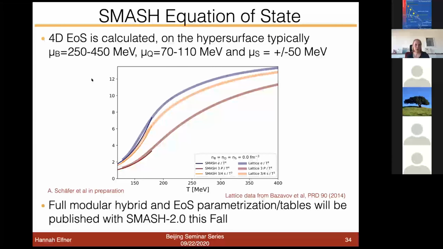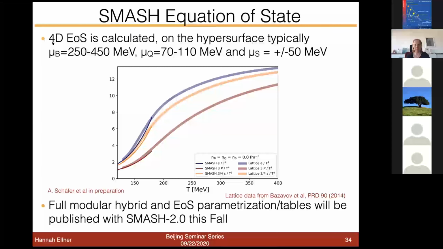Another point of importance is that if you're at finite mu_B, you certainly need a mu_B dependence, this is clear, but you will also need a mu_Q dependence and a mu_S dependence, because these values give you some idea of how large these chemical potentials are on a freeze-out hypersurface in these 10 GeV collisions. So there are some significant values for these different chemical potentials, and one actually needs a 4D table and parametrization that we will provide in the near future.